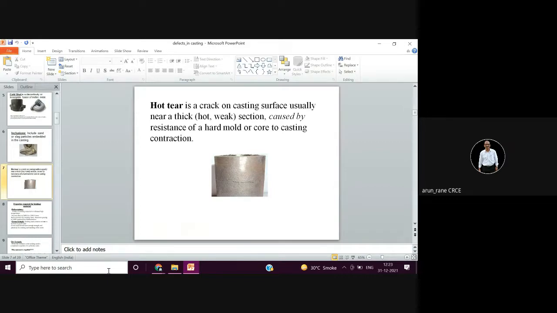So your top surface is hot and bottom surface is cold and thickness is large. So both the surfaces are at two different temperatures. And that leads to the crack. So remember, thick sections are more susceptible to the crack.